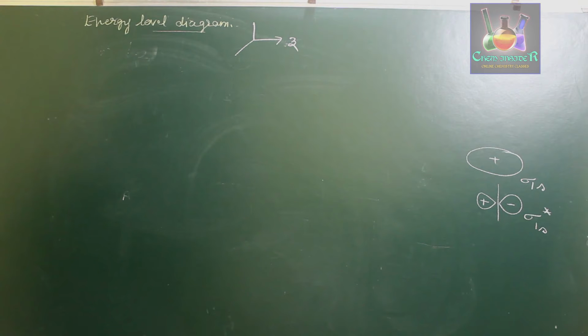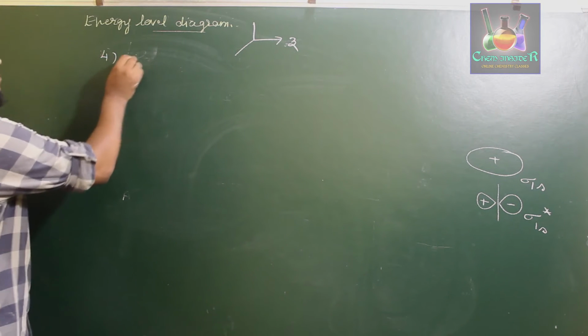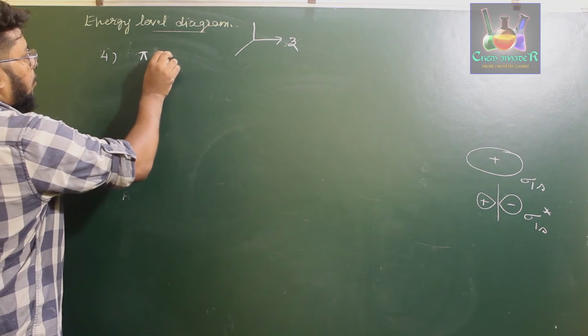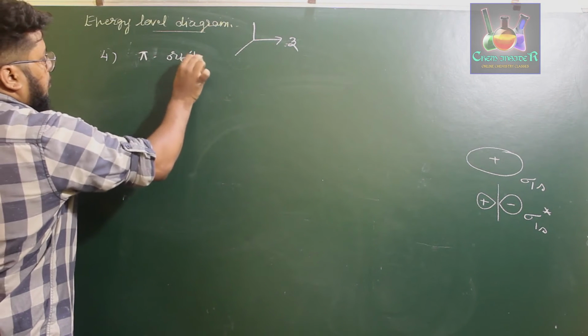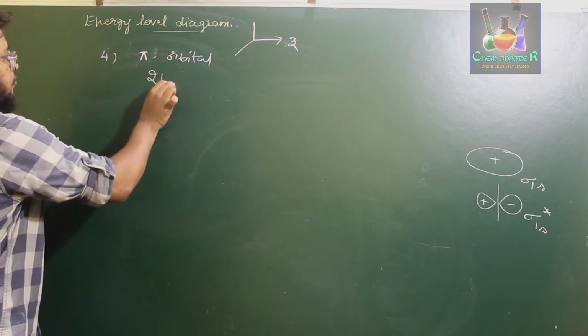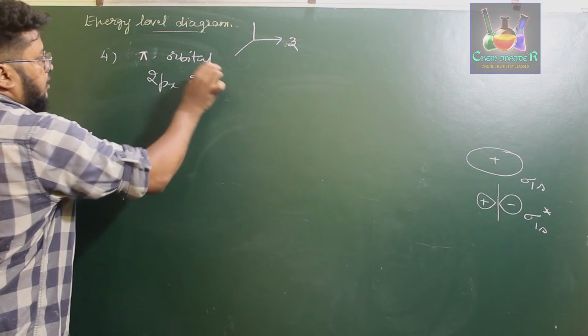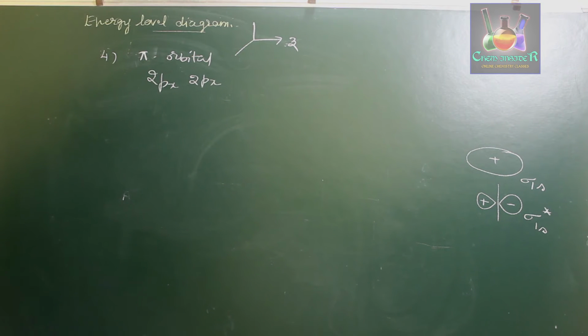Therefore, when you combine px and py, what we observe is one of them will be having a different geometry. That is the fourth one, pi orbital. We can consider an example of 2px, 2px. 2py, 2py will be almost the same.